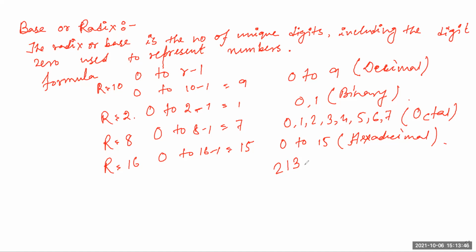So how will you differentiate between a decimal and a hexadecimal number? I am giving you this question. All of you try to give the answer. Just try. It may be wrong. No issue.